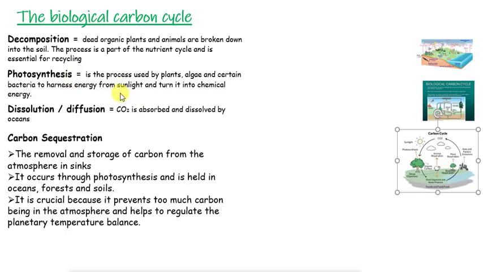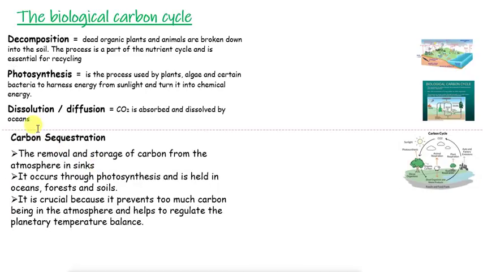They harness energy from sunlight and turn it into chemical energy when they photosynthesize. We've got transfers and fluxes that happen over the ocean through dissolution and diffusion, where the oceans can either absorb and dissolve CO2, or release it back into the atmosphere.